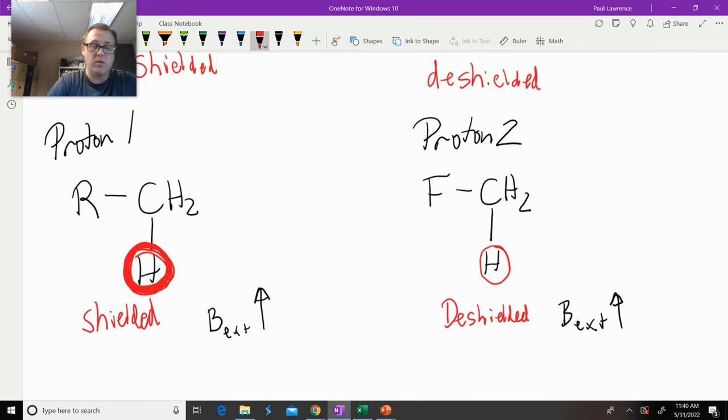Now the local magnetic field on proton 1 is going to be larger than the local magnetic field for proton 2 because it has more electron density.